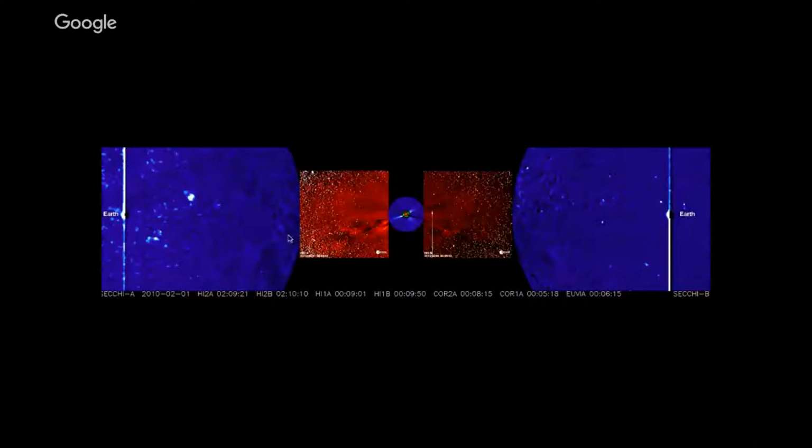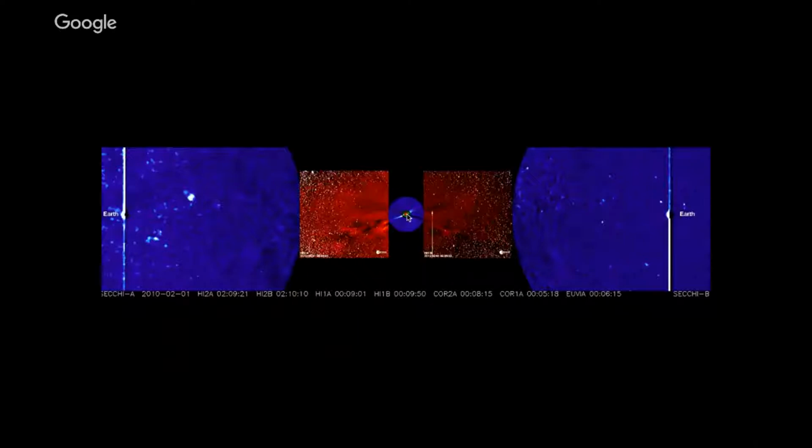And what I've got here collectively are images taken from spacecraft looking at the sun and all the space between the sun and the Earth. So this is the Earth over here on the left-hand side, and also over here on the right-hand side. The reason I've got this broad image is because I'm using two different spacecraft to make this movie. It takes a bit of thinking about how to understand this.